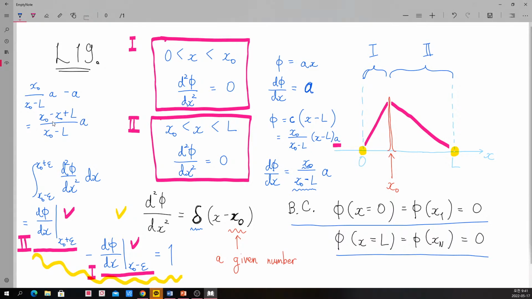I think you can easily understand this one. So they are cancelled out, and it should be 1. So from all of our calculation, now we can find that a is simply given by L over x naught minus L. Okay?